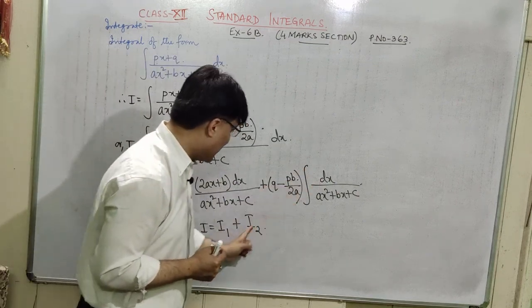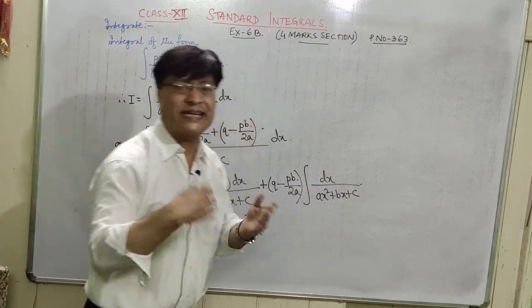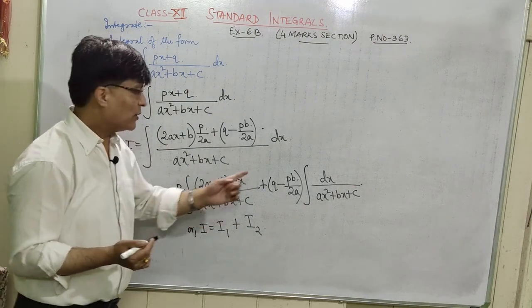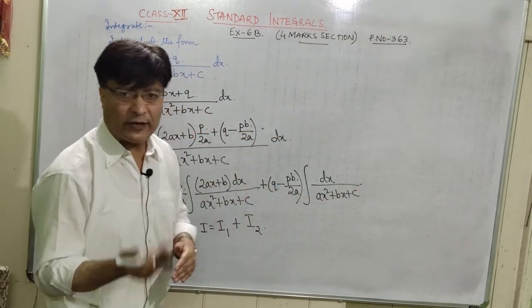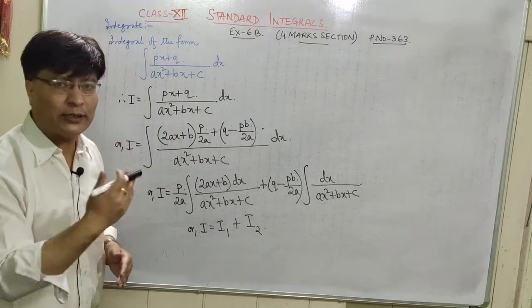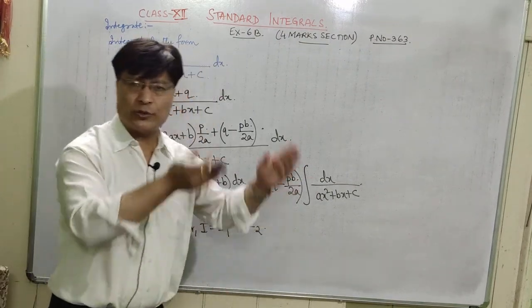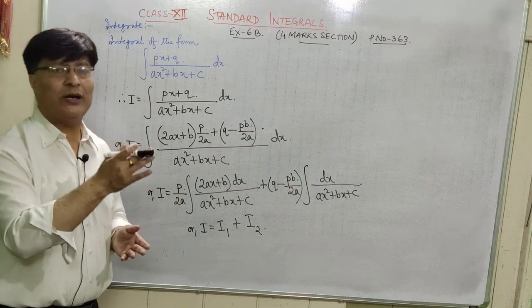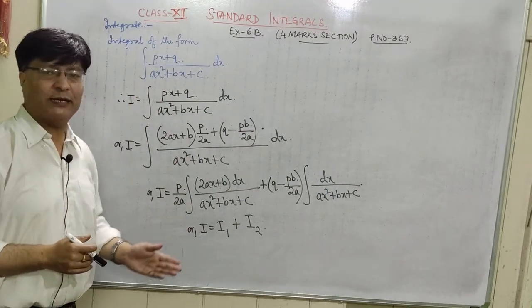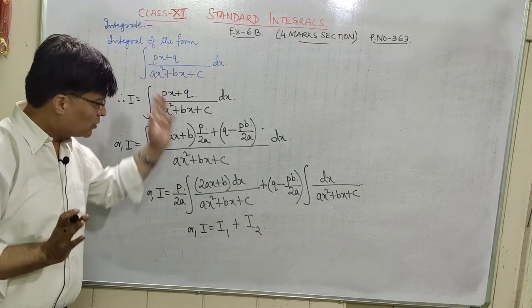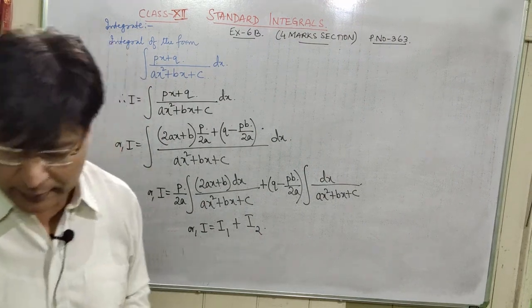And for I2 you can convert ax square plus bx plus c into perfect square form, and then convert it into standard integrals so that you can use the formulas 1, 2, 3, 4, 5 and 6. So this is the method. I think you have understood it. You can copy the method.